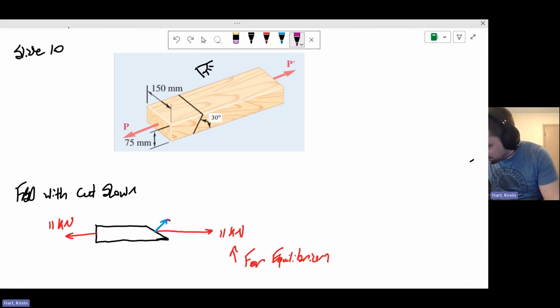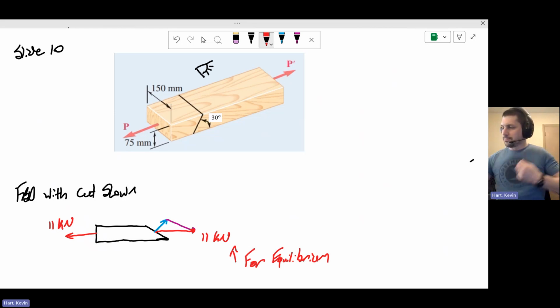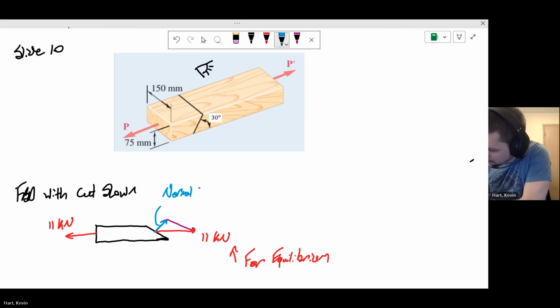This is maybe not the best image here, so maybe I'll switch my red to draw it back just a little bit. Okay, so this 11 kilonewtons is the 11 kilonewtons that's required for equilibrium. All right, so this blue portion here, this is normal to the face. And this here is the variable N, I will call it. And then this guy here, this is parallel to the face.